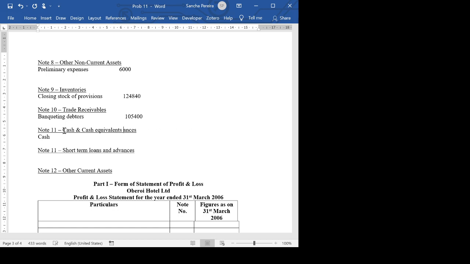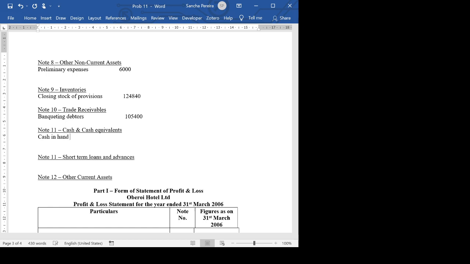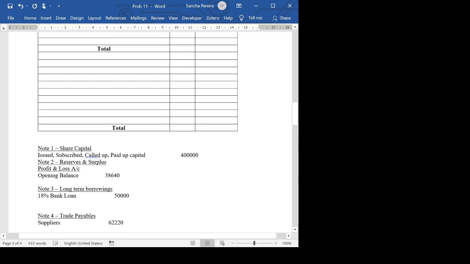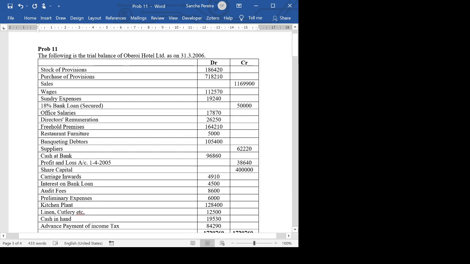We have cash in hand and cash at bank. Cash at bank is 96,860 and cash in hand is 19,530.